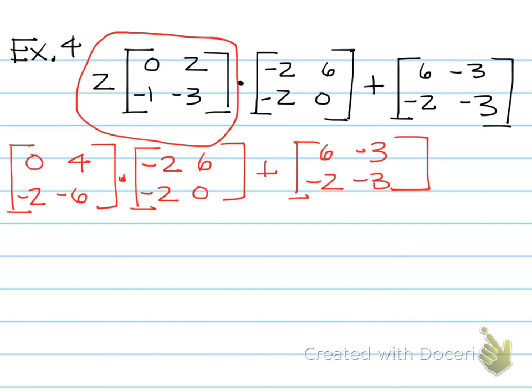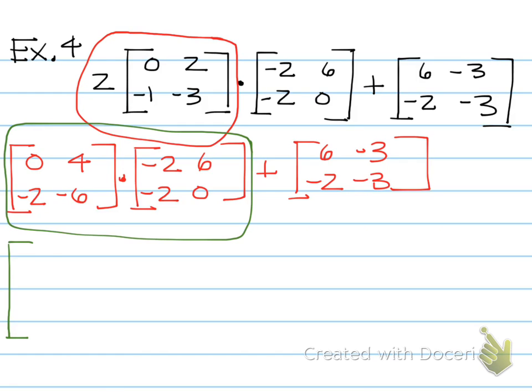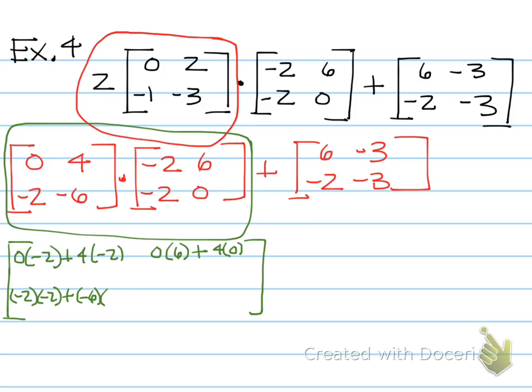Next, we want to multiply the two matrices because multiplying comes before addition and subtracting. So we're going to multiply these two matrices. When we multiply those matrices, we'll get 0 times -2 plus 4 times -2, 0 times 6 plus 4 times 0, -2 times -2 plus -6 times -2, -2 times 6 plus -6 times 0.